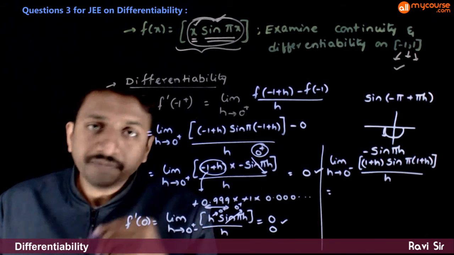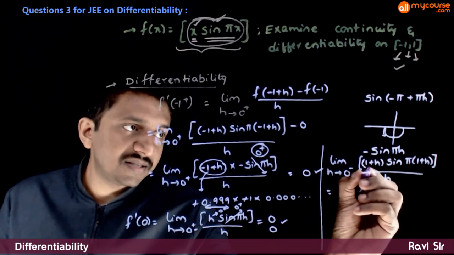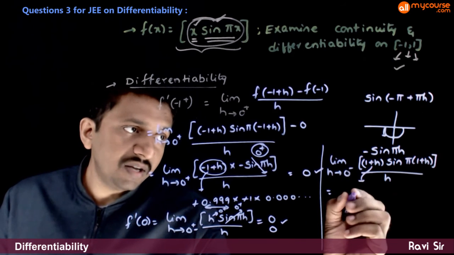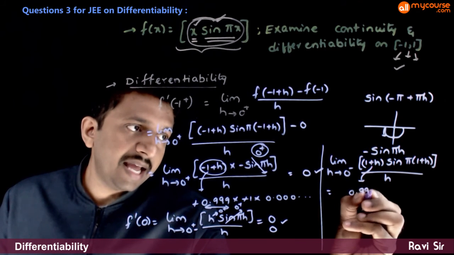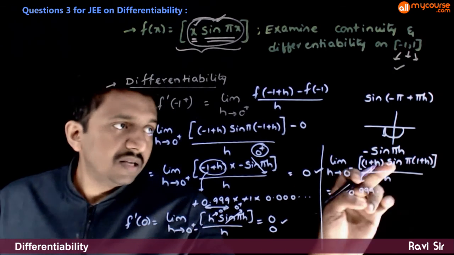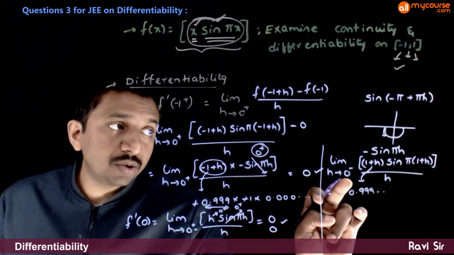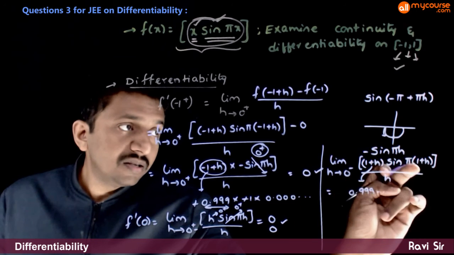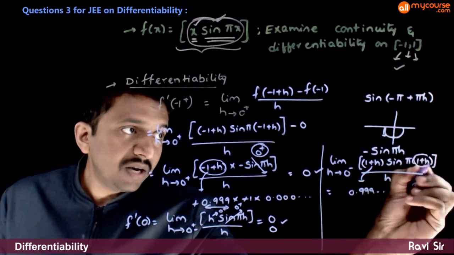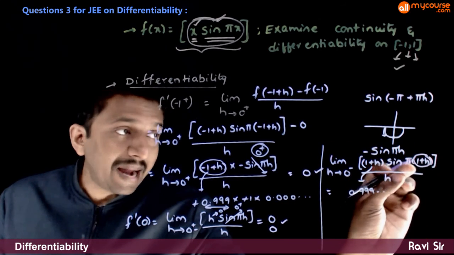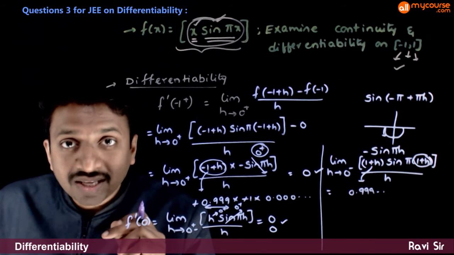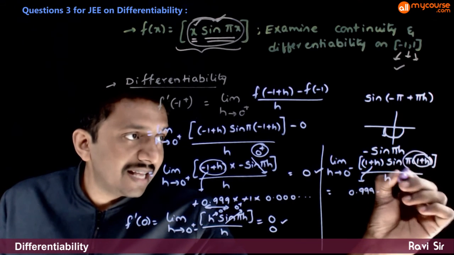As h tends to 0 minus, 1 plus h is slightly less than 1, something like 0.999, and so on. So pi times a number slightly less than 1 is slightly less than pi.